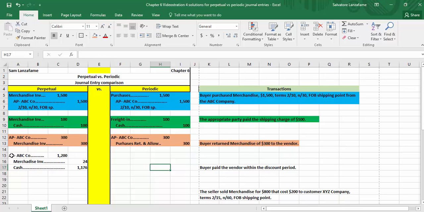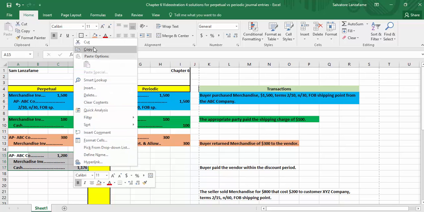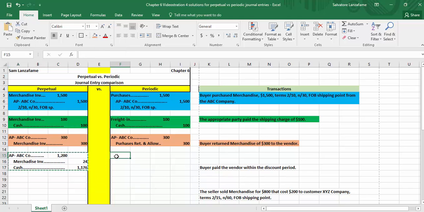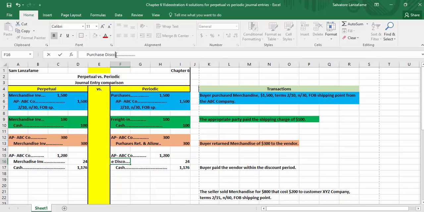Finally, the buyer paid the vendor within the discount period. So what's going to happen here, let me just make a little shortcut. Instead of crediting merchandise inventory, we are going to credit purchases discounts. So look at the difference between the two transactions now.